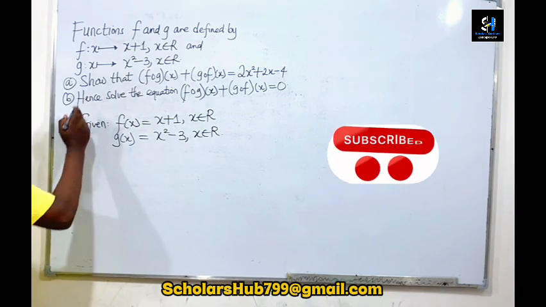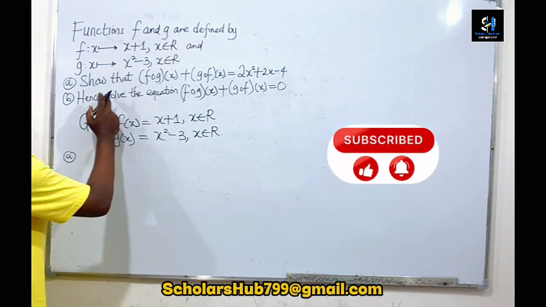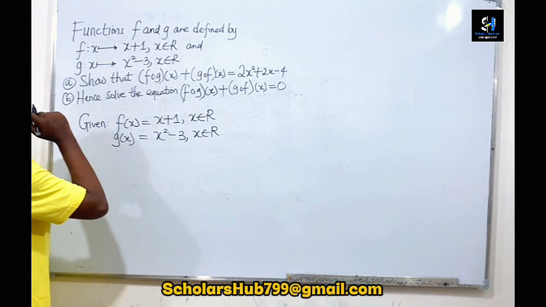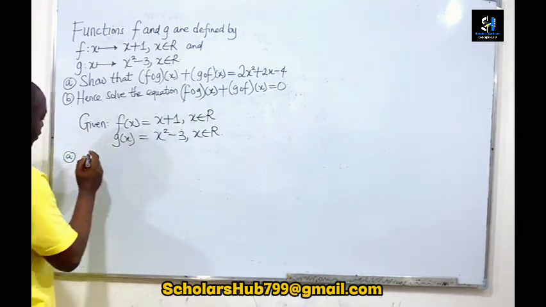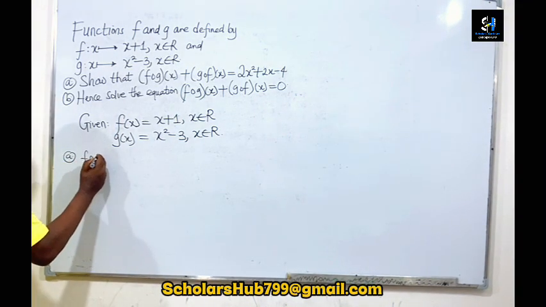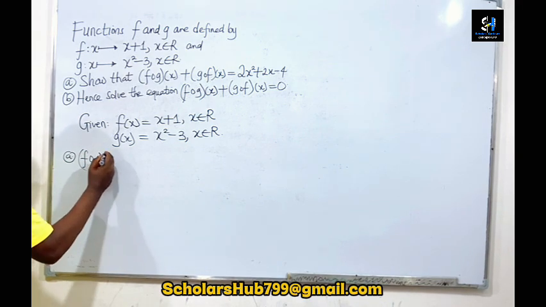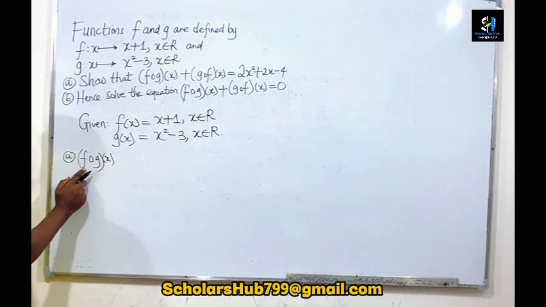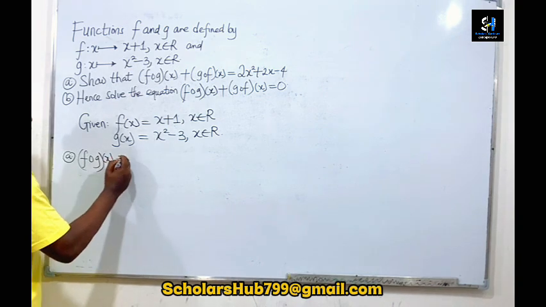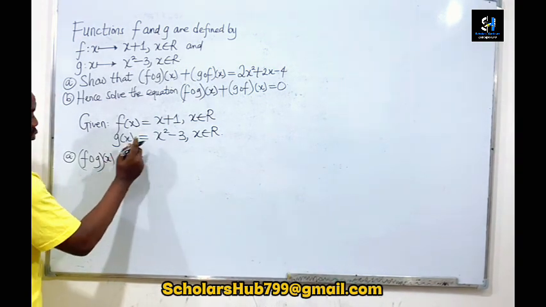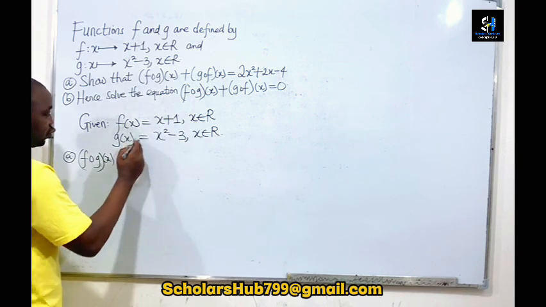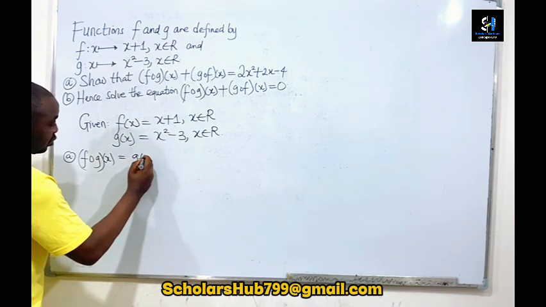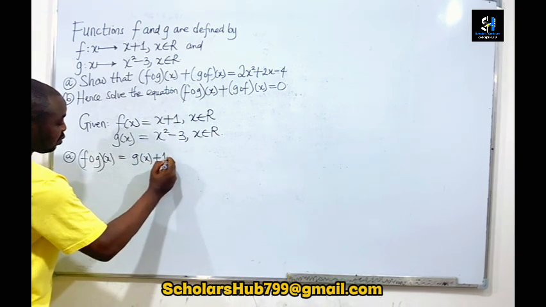So to write an expression for the sum of these two composite functions, I'll first write the expression for the composite function fg of x. This is when we put g of x into f of x. That is g of x plus 1.